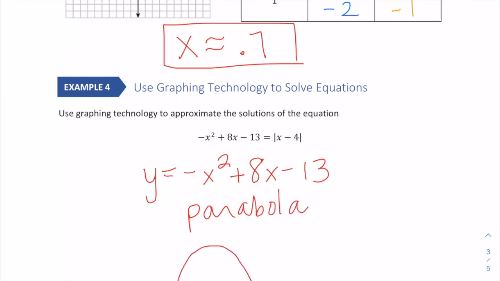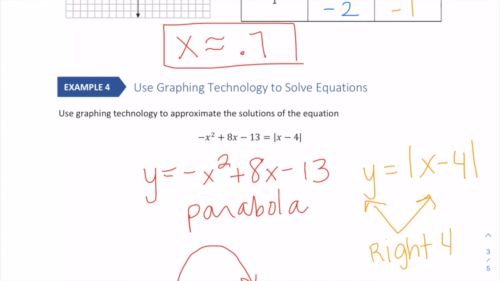We know it's going to be going down like this. And then the second one, y equals absolute value of x minus 4. Well, you know that's going to be an absolute value shifted to the right 4. But we don't know exactly where they're going to intersect without looking at the graph. So let me go to Desmos.